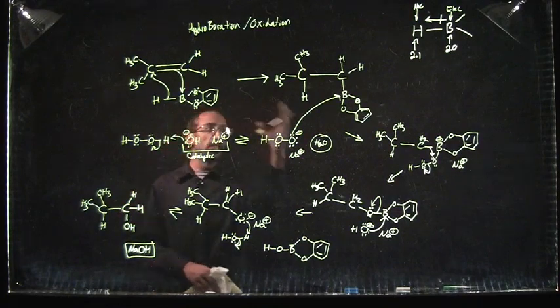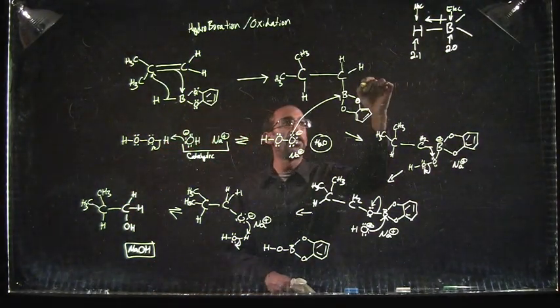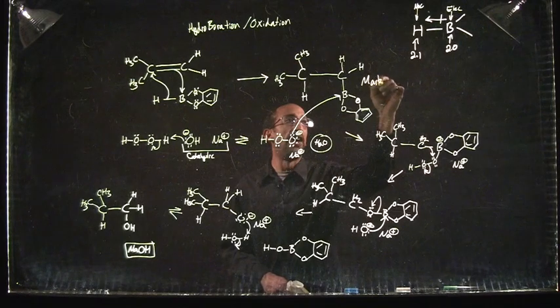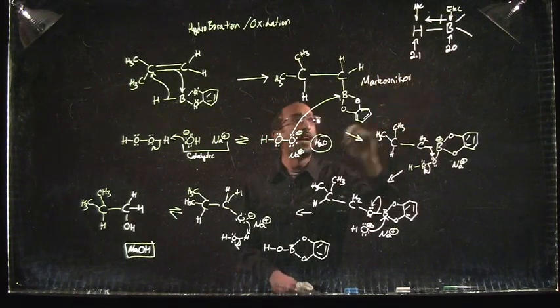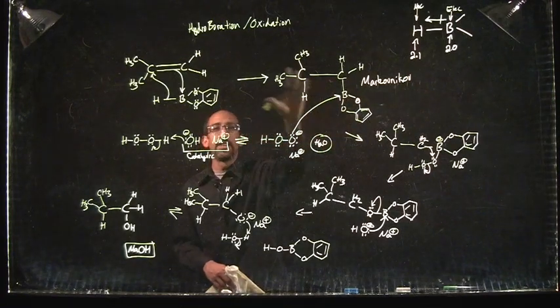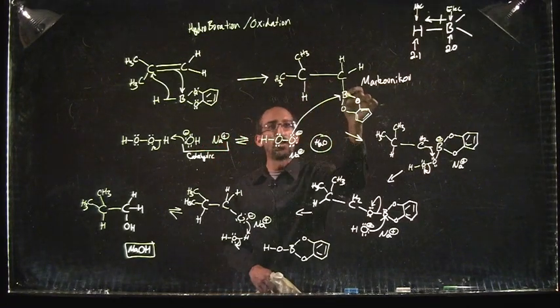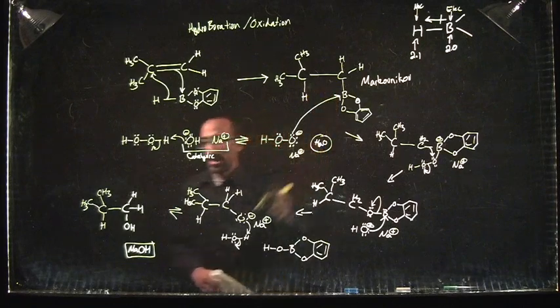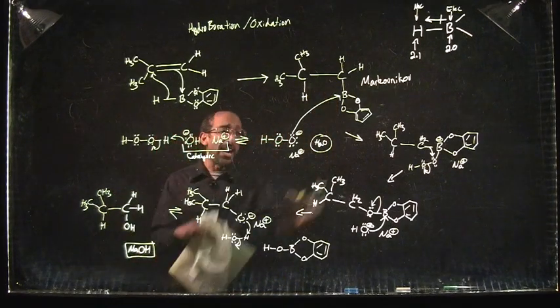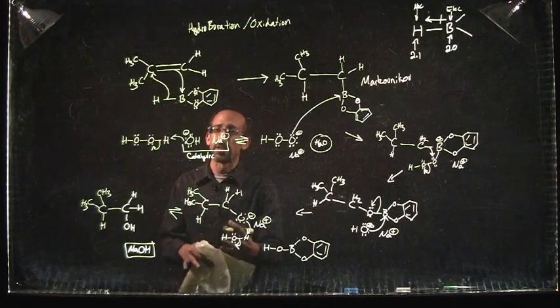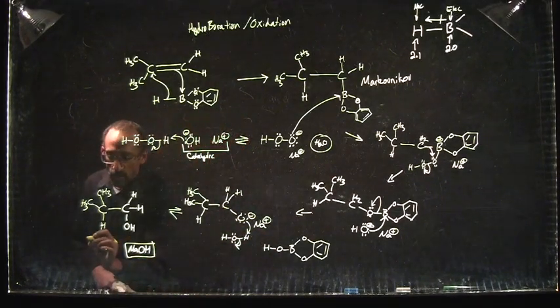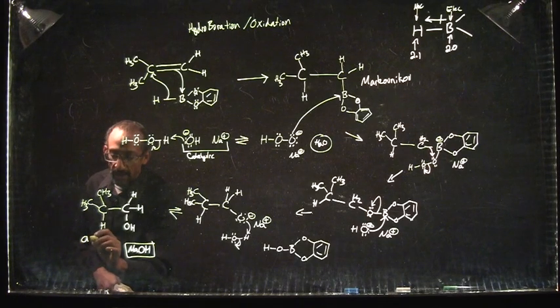So by doing this process, even though our initial hydroboration gives us a Markovnikov addition of electrophile and nucleophile, the overall product after this oxidation process with hydrogen peroxide and sodium hydroxide gives us what appears to be the opposite orientation, also known as anti-Markovnikov.